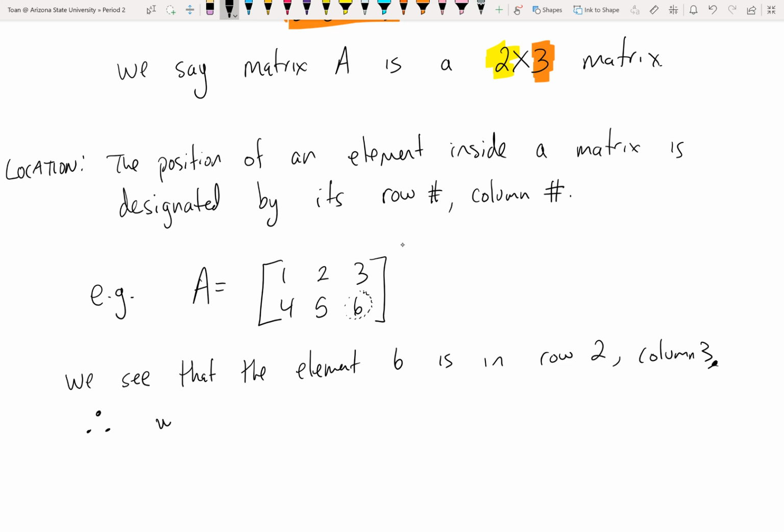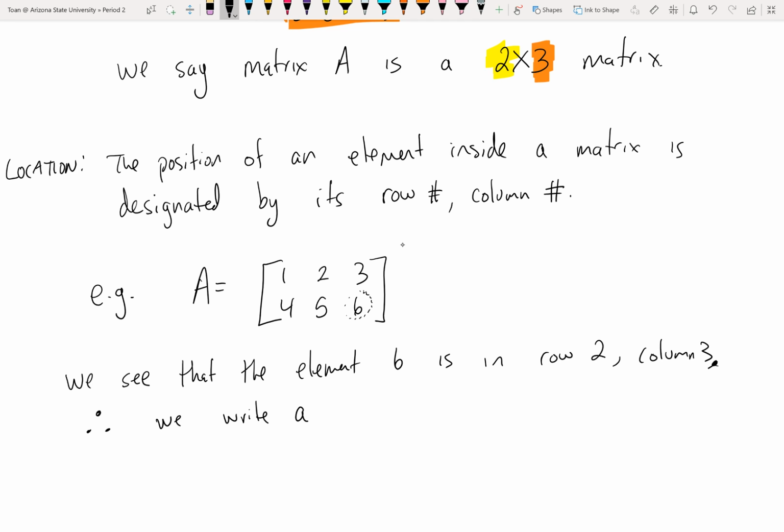Therefore, we write, if you want to talk about specific elements, you use a lowercase letter. So matrices get capital letters. The individual numbers get lowercase letters. So since this is matrix A, I would say lowercase a. He was in row 2, column 3, right?